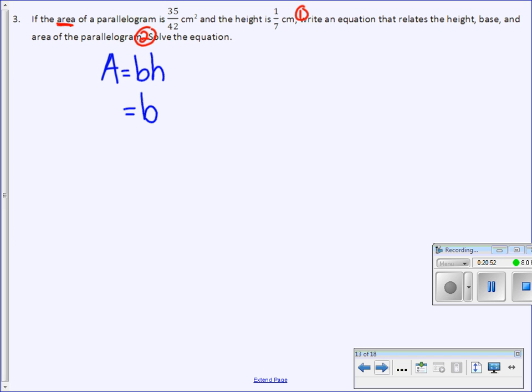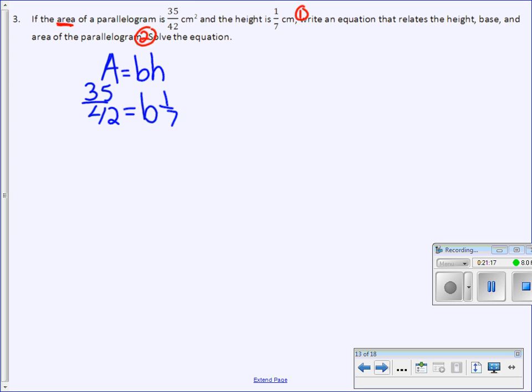So, B. What's the height? 1/7. Do we know what the area is? We do. 35 over 42. So there's our equation. The area equals base times height. So 35/42 equals the base times 1/7.